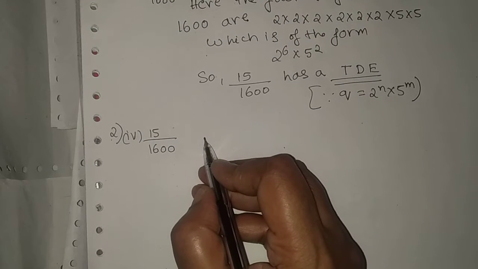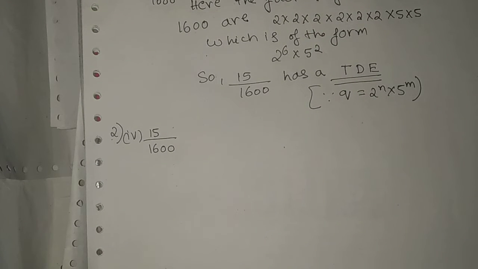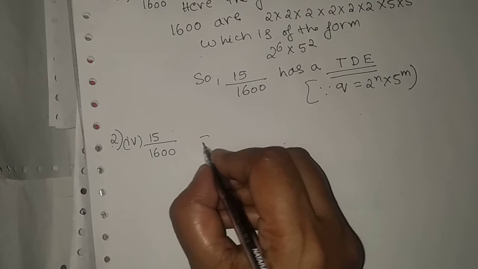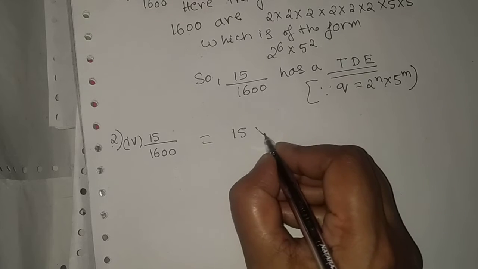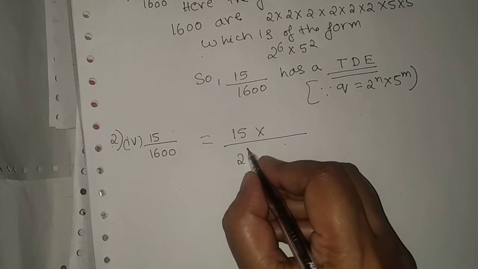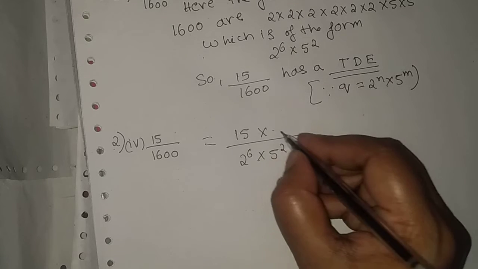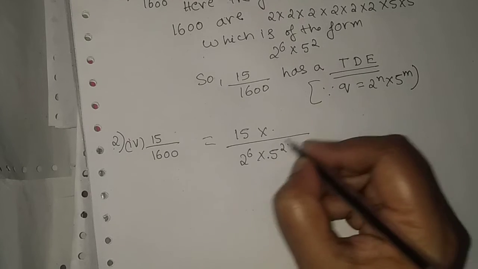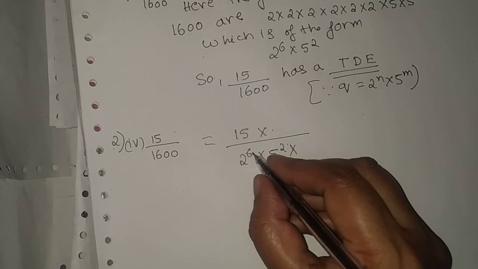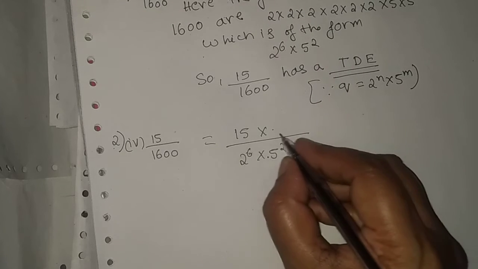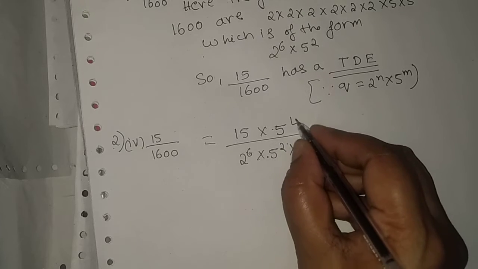Second question, fourth, we can solve in this form. This is equal to 15 by 2 power 6 into 5 square. So in the numerator we have to make the power 6, so we'll add 5 power 4 here.